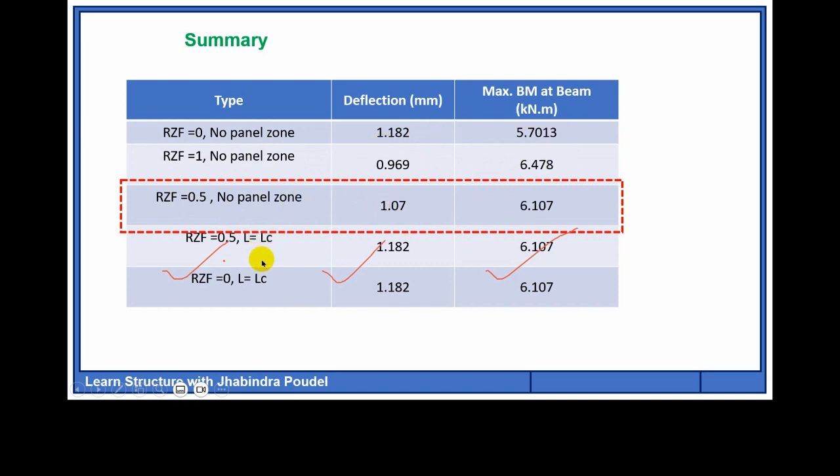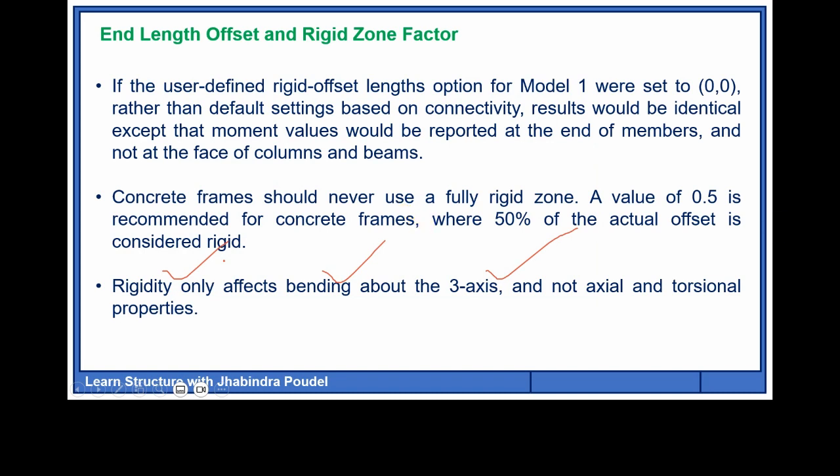And the remaining two cases are for the rigid zone factor equals 0.5 and 0, L equals LC. The deflection is 1.182 and the bending moment is similar to that of rigid zone factor assigned at 0.5. So in summary, if the user-defined rigid offset length option for model 1 were set to 0, which we have done in the fourth and fifth model, rather than the default setting based on connectivity, results would be identical except that moment values would be reported at the end of the member.